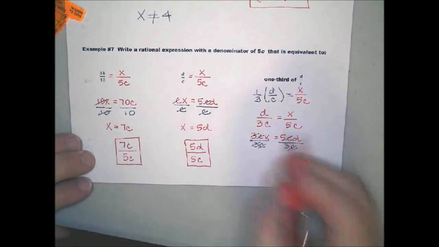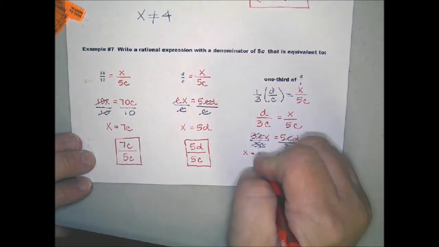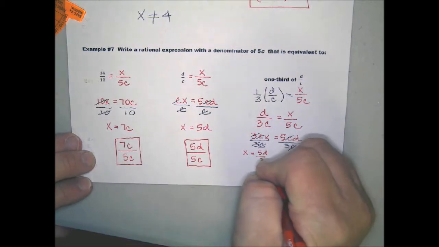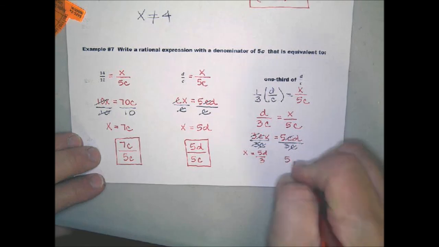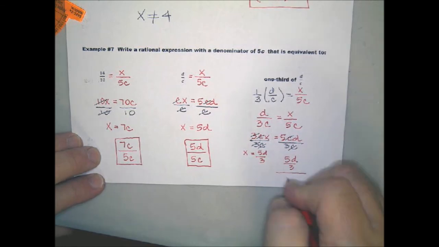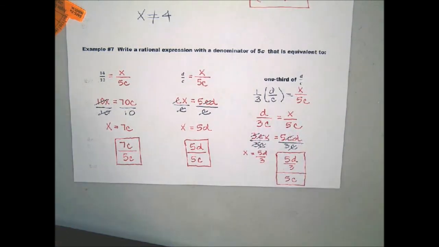And I'm left with x equals 5d over 3. See that? 5d over 3. Now that's my numerator. So 5d over 3 over 5c. And that's it. That's worksheet 1.